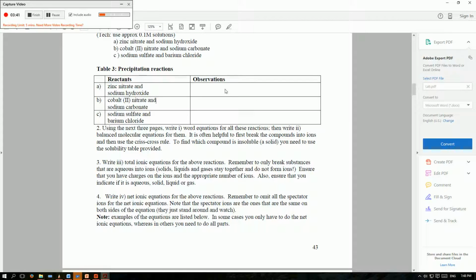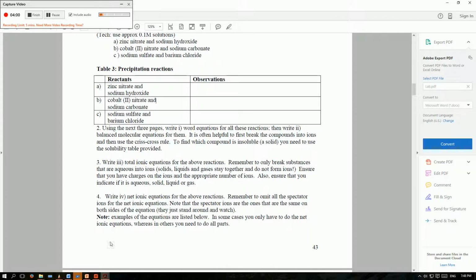You have some reactants. When they combine, the reactants are together, but they're in solution, so they're just floating around, right? The anion and the cation are just floating around, and you could have possible reactions.